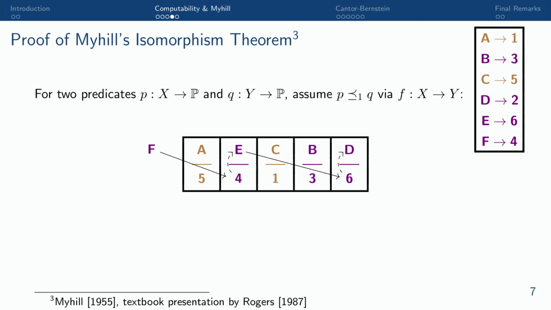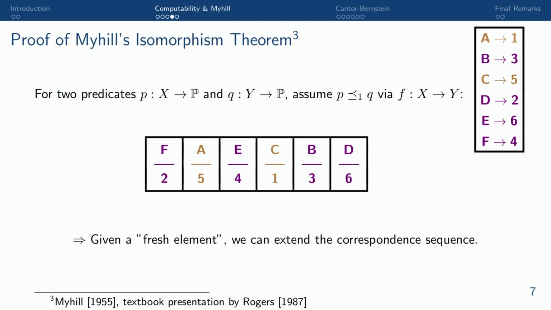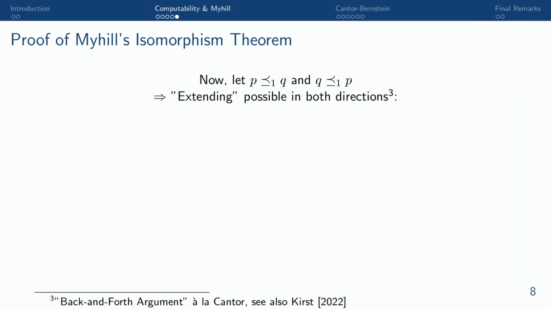And by the 1-1 property of both the function f as well as the correspondence sequence, we know that this terminates with a fresh element, in this case the element 2, and we can add this new pair f and 2 to the correspondence sequence and thereby extend it by a new pair. And if we have now two reductions in both directions, also this extending is possible in both directions. And therefore, we can approximate and converge against this final big bijection by using this extending of correspondence sequences.